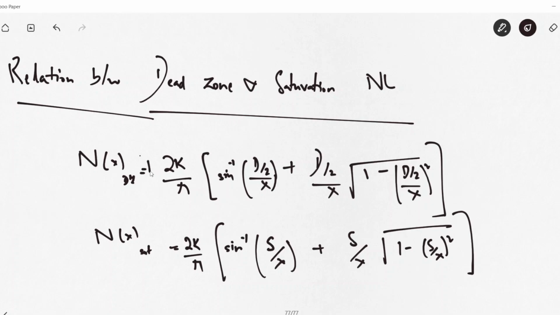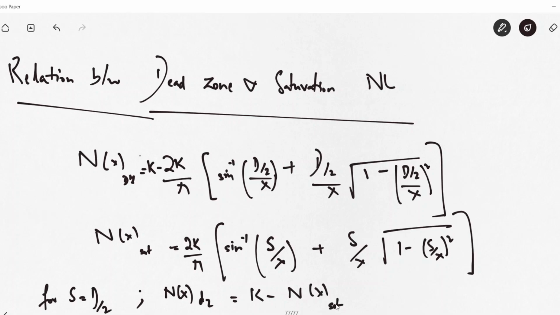N(X) for the dead zone is actually K minus 2K by pi times that. Fine. So if S is equal to d by 2, you can simply say N(X) of the dead zone is equal to K minus N(X) of the saturation effect.